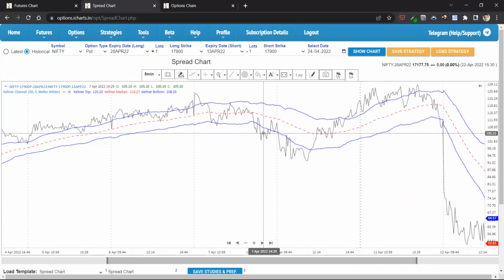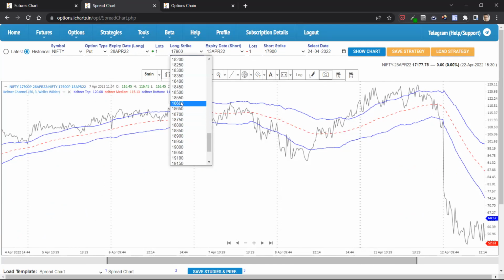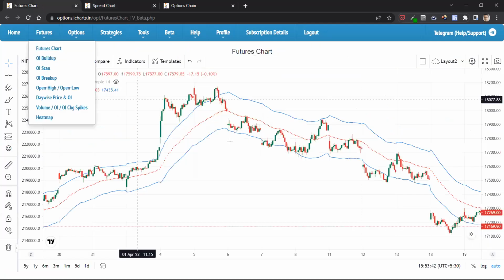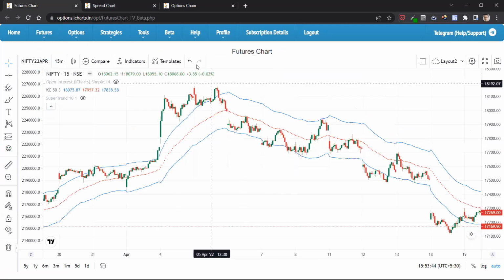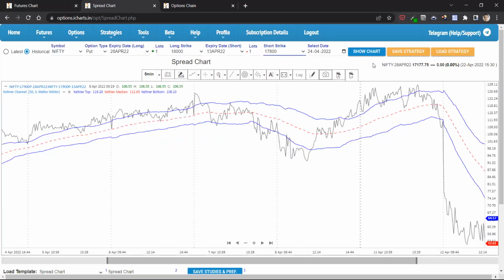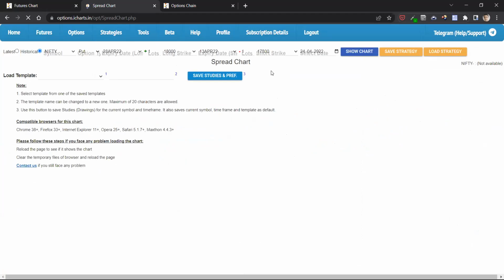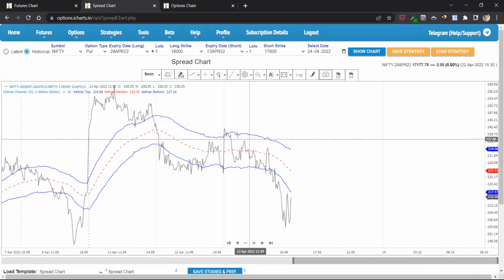This is not a good idea, so we'll have to keep this. Same, get this down. Where are we? 17.7. So you can try with 17.8 first, or you can go with 17.7.